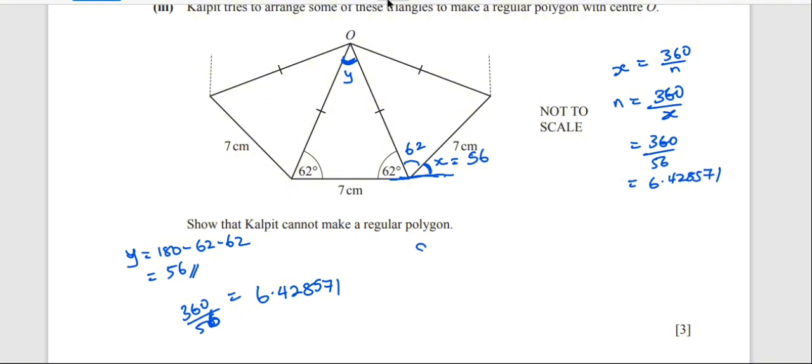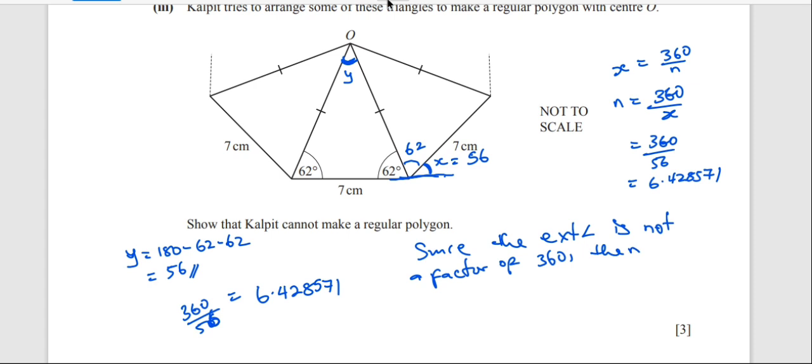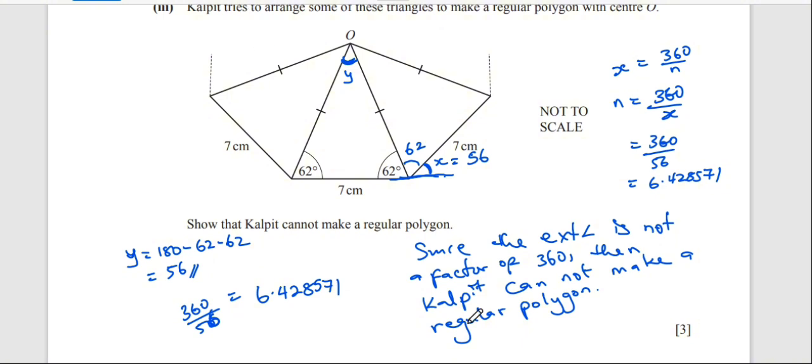Since the exterior angle is not a factor of 360, the triangles cannot make a regular polygon. So it cannot have a regular polygon there.